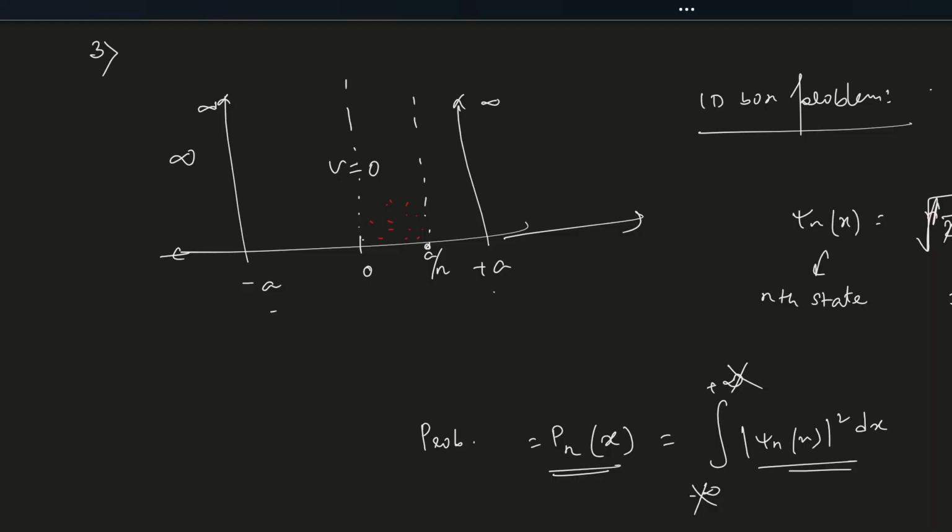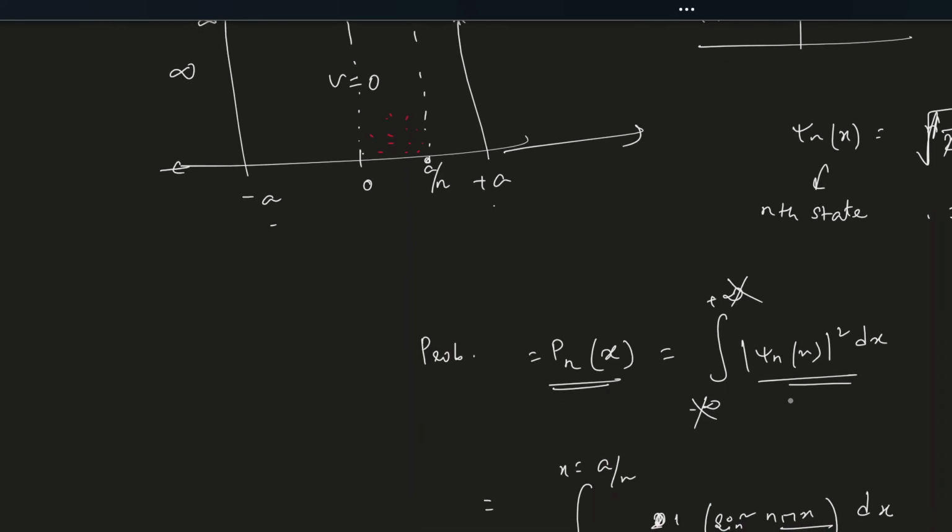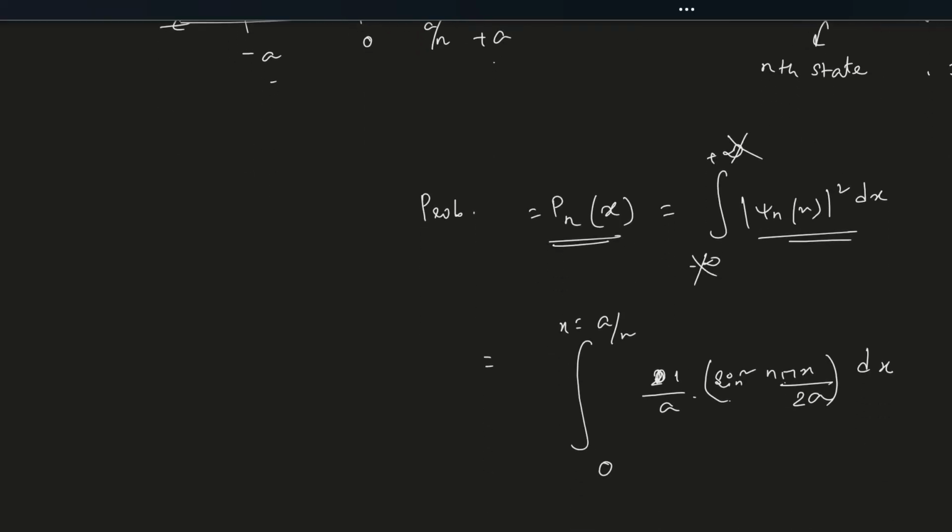The problem would have been just the way I was solving it if the box size was only a, like we usually do, but because here the box size is 2a, you have to replace a by 2a everywhere. So it makes the wave function root over 1 by a sine n pi x by 2a. Now this has to be taken in the integral, so this is 1 by a sine square n pi x by 2a.